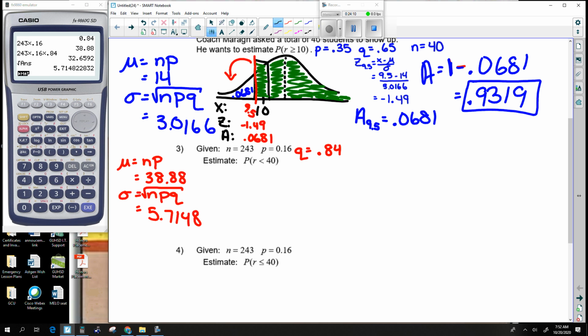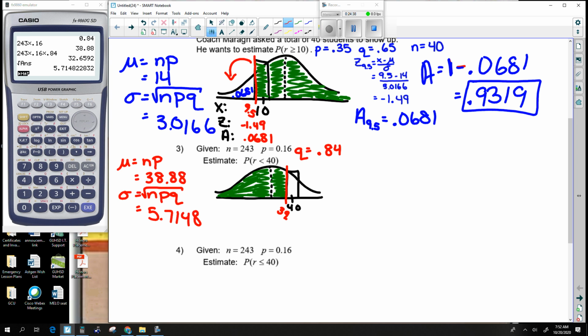Let's understand the question that is being asked. Here I want just purely the area to the left of 40, not or equal to, but just purely to the left. So that leaves the edge right here, which is just a little bit below the 40.